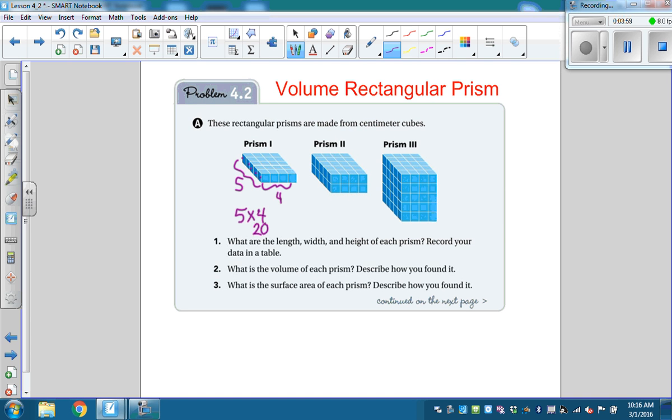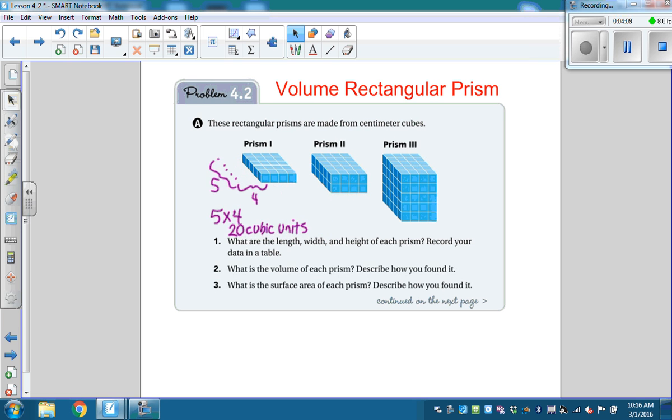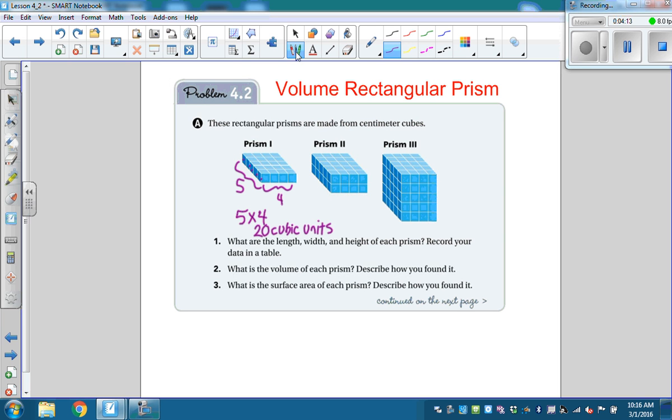So we say prism 1 has a volume of 20 cubic units. And prism 2 also has 20 cubes on this level.